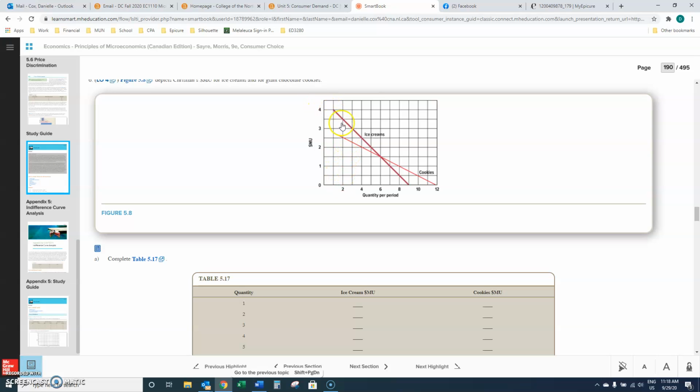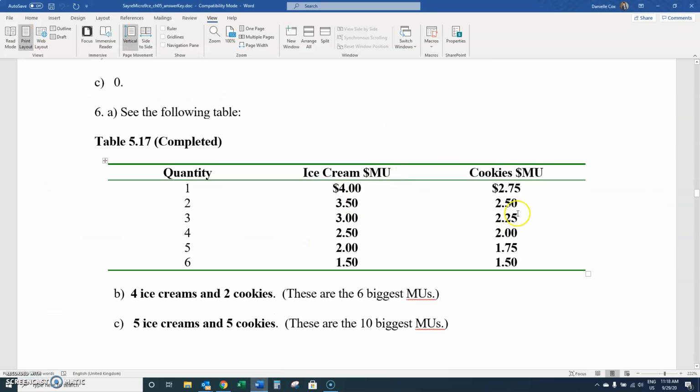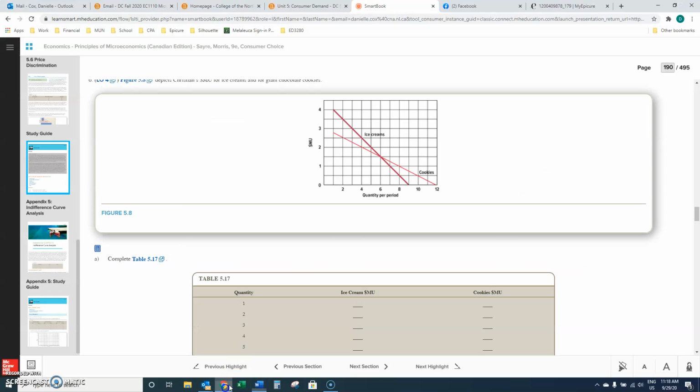For 2, it's 3.5, and we just follow the line down. For 3, it's 3, and we just fill it in. And for cookies, we do the same thing, but we're looking at this other line here, and we're only doing it from 1 to 6. So you fill in your table here from 1 to 6.